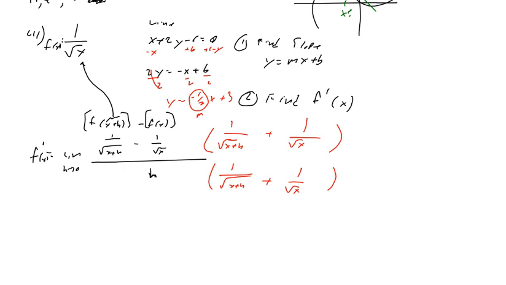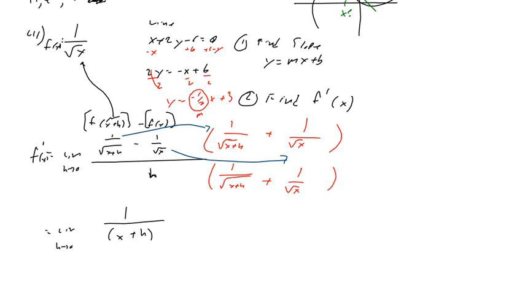If we do the conjugates, let's see what happens. When I do my distribution, I really only need to multiply, again, the first piece and the last piece together. The first piece multiplied makes this going to be limit of h approaches 0 of 1 over x plus h. Because if I multiply these two fractions, the top part multiplies together. 1 times 1 is 1.